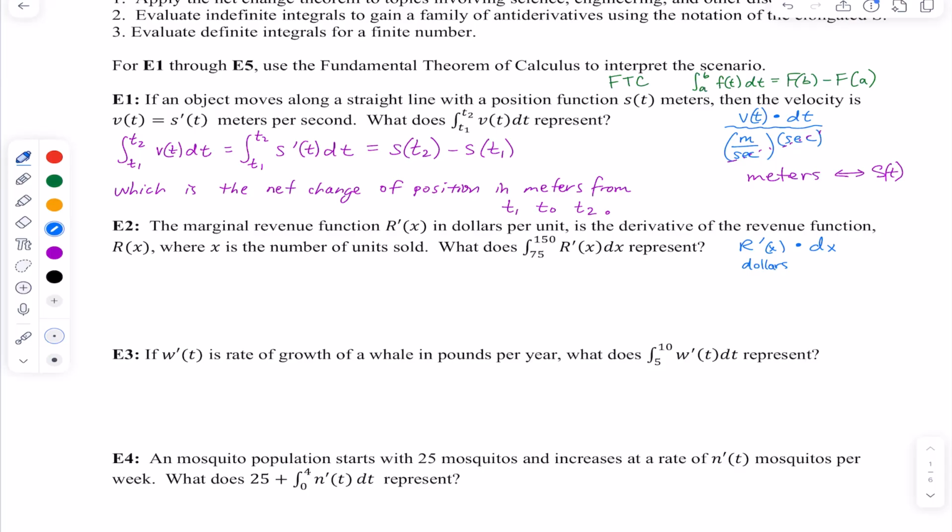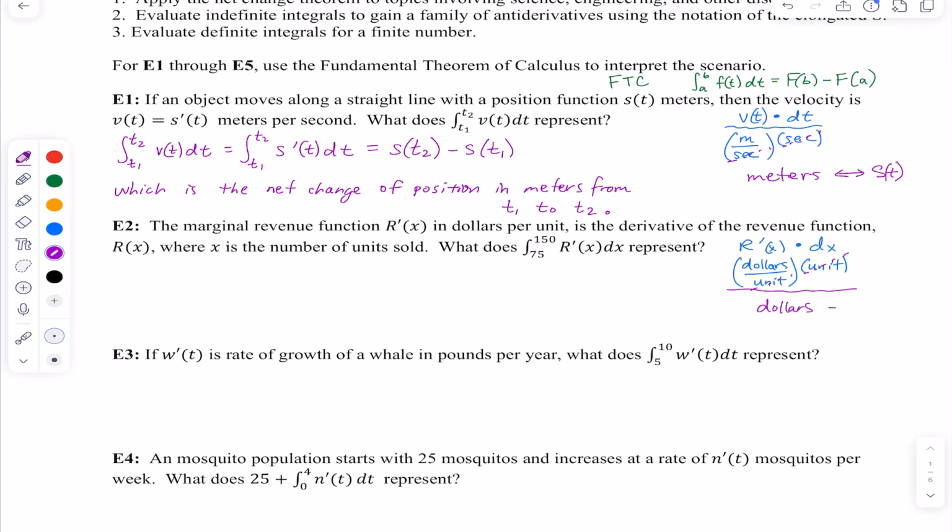This is dollars per unit, and dx is measured in units. Notice the units reduce, and you're just left with dollars.